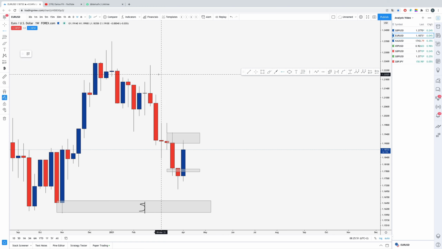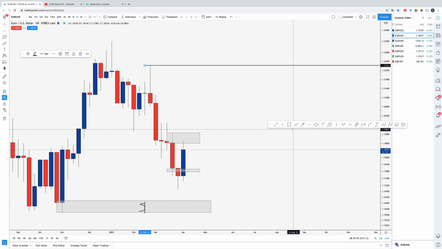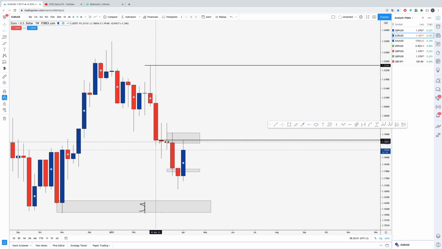So normally I would like to see a break of this one for a complete confirmation. At the moment when we close above this one, the bullish run from my point of view is confirmed. But we have a high chance that the market will close below it.